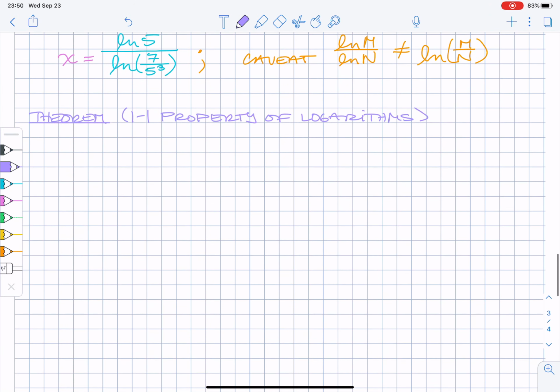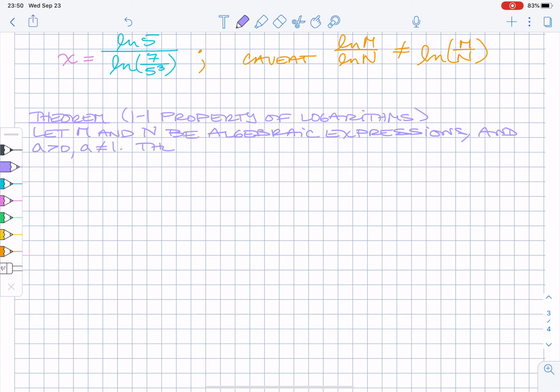So we will let m and n be algebraic expressions. And let's have a greater than 0 and a not equal to 1.